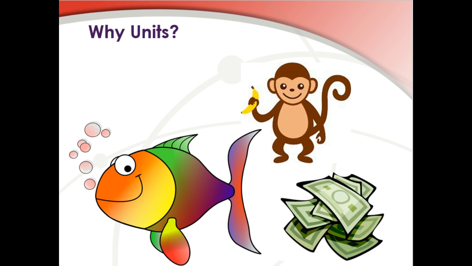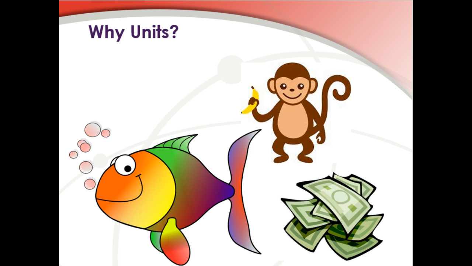And the reason for that is that most everything we do requires units. And if you can cancel units out and work with units, chemistry suddenly becomes a whole heck of a lot easier.